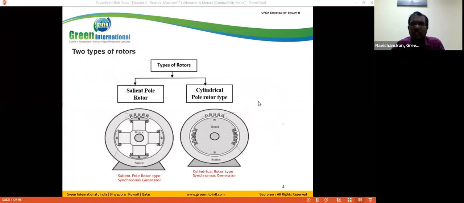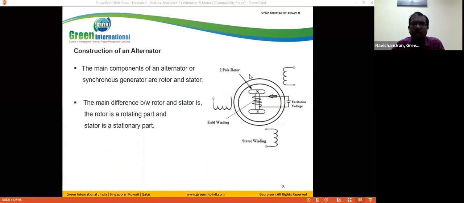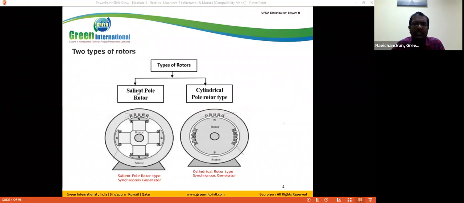This rotor is classified into two different types: one is the salient pole rotor and the other is the cylindrical type rotor. Salient means having projections, that we call a salient pole, and the cylindrical rotor we otherwise call a non-salient pole rotor.